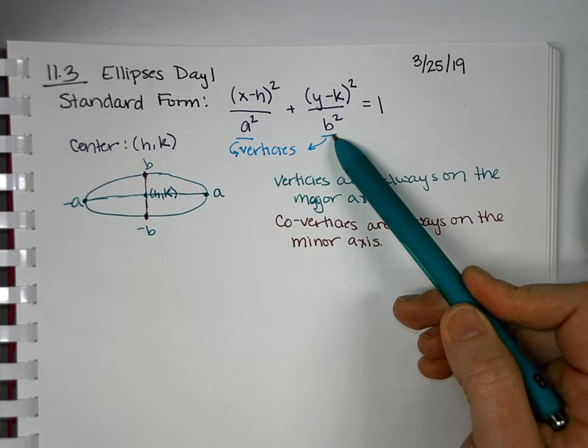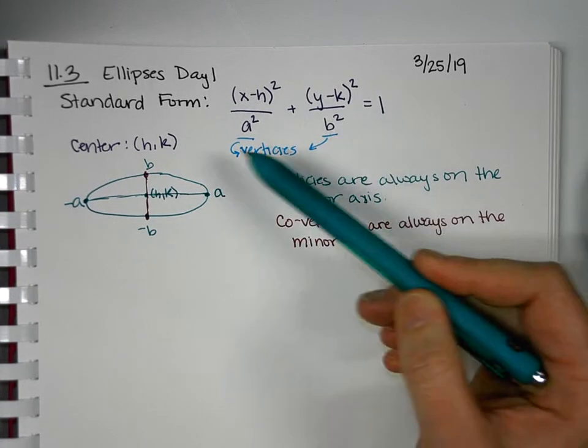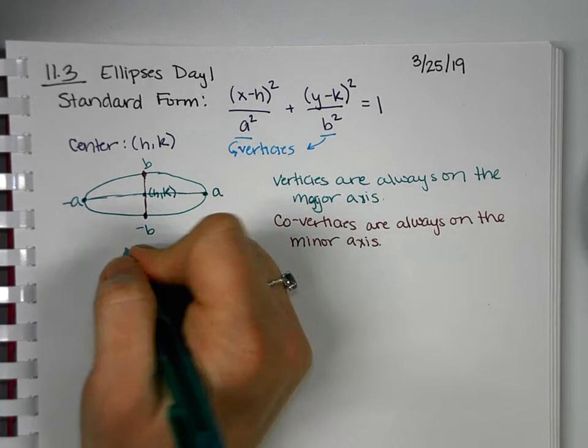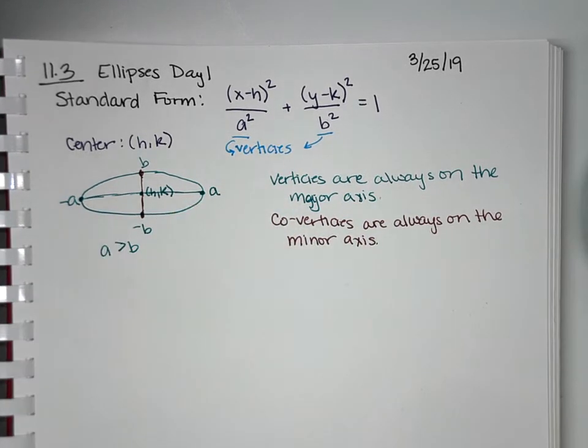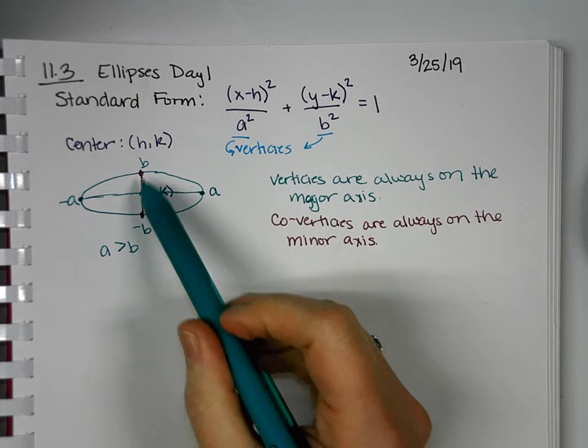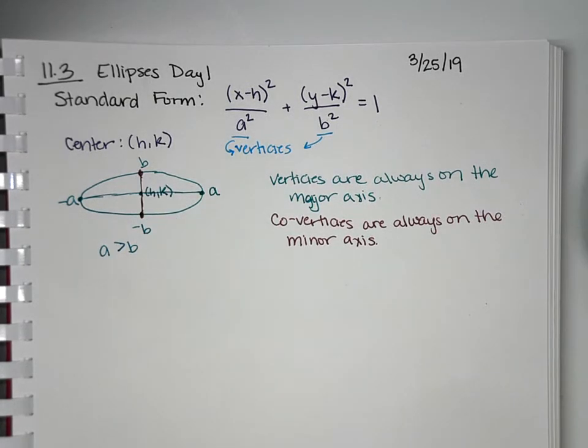B, the minor axis, will be a smaller number. So in this case, A is larger than B. That's how we know it's going to be a horizontal, because A is greater than B. Square root the other one, you get your other two vertices, your co-vertices.